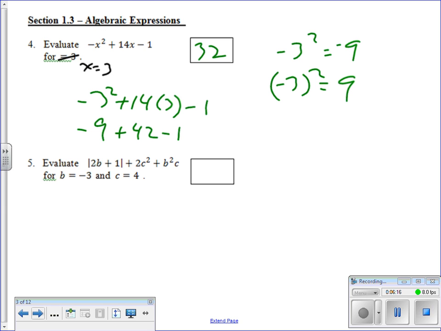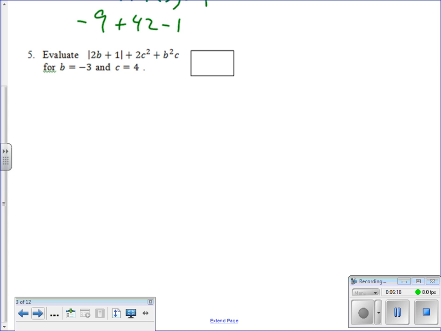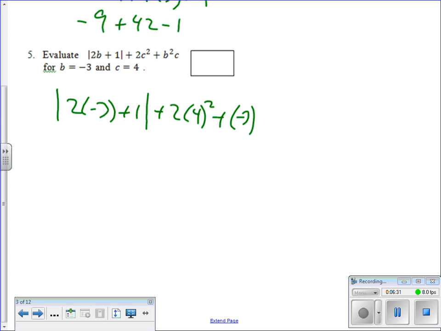Same idea on this one. So I have the absolute value of 2 times negative 3 plus 1, plus 2 times 4 squared, plus negative 3 squared times 4. The stuff inside the absolute value must be computed before you take the absolute value.